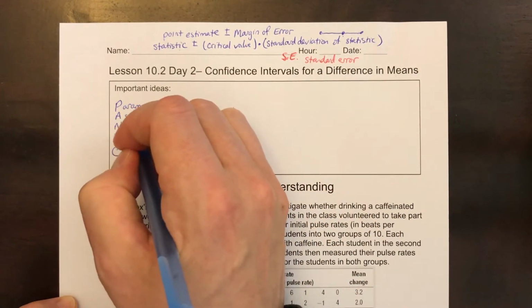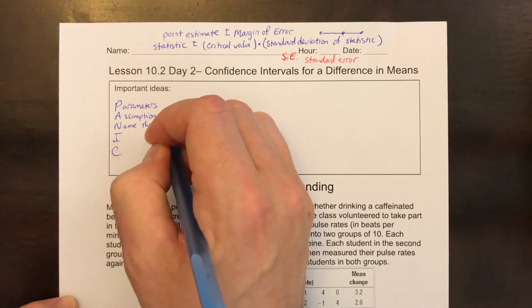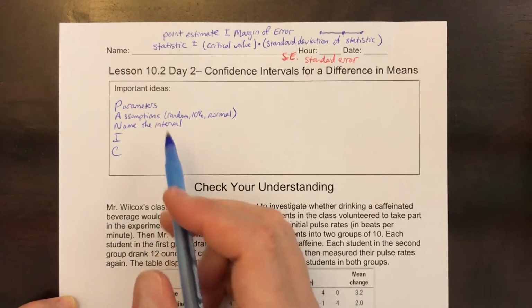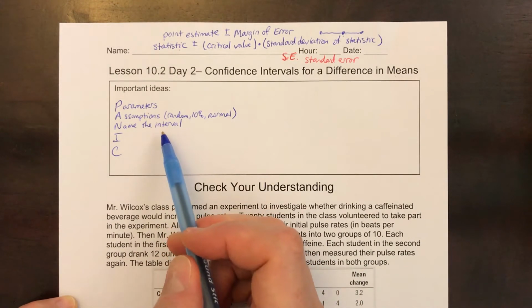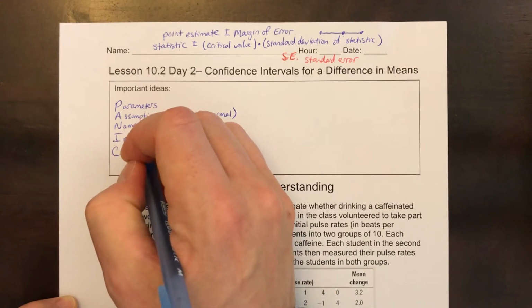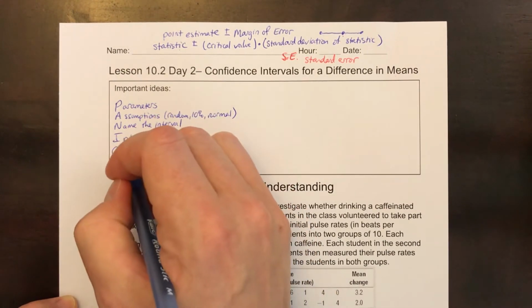We name the interval. Okay, and we have to specify whether it's a z interval or a t interval. We find the interval, we calculate it, and then we make our conclusion.